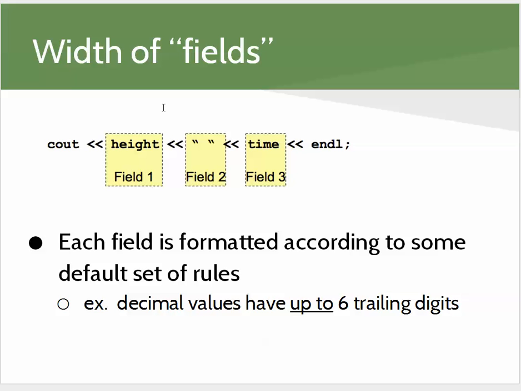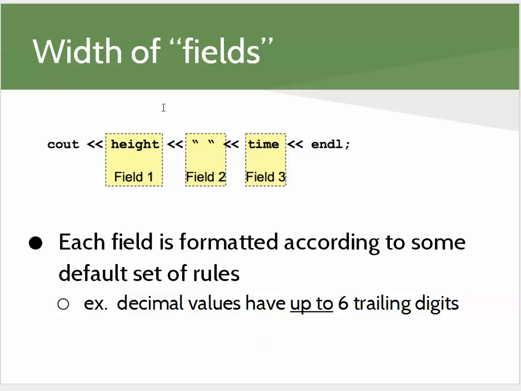Each field is formatted in C++ according to some default set of rules based on the data type. For instance, an integer is fairly straightforward to print out. Doubles are a little bit more specific in that we will have up to 6 trailing digits print out with a double. But really the rule of thumb is that we're going to have 8 total digits.